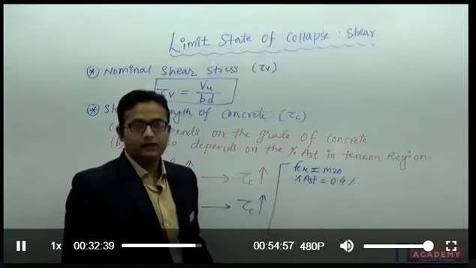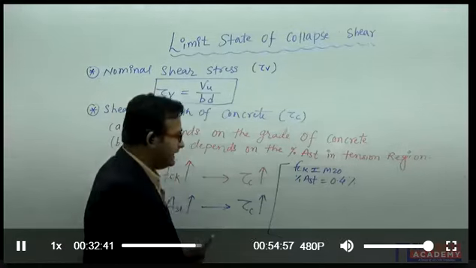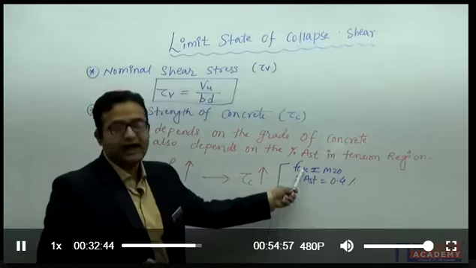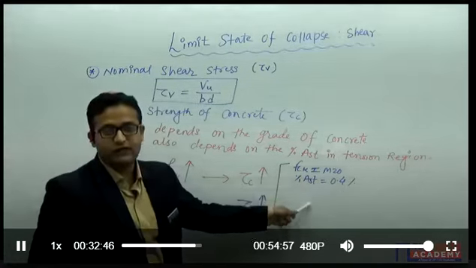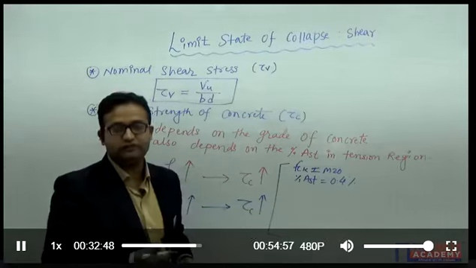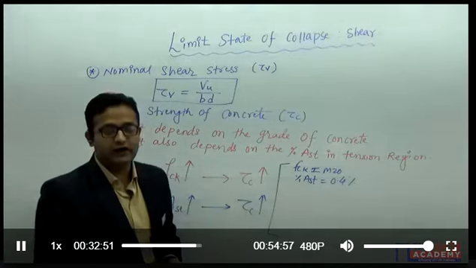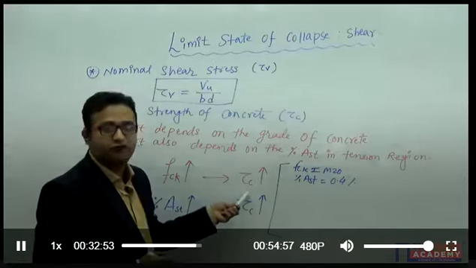They have prepared one table, table number 19. Depending upon the grade and the percentage of AST, they have given different values of tau c, that is the shear strength of concrete. From there, we can calculate the value of tau c.